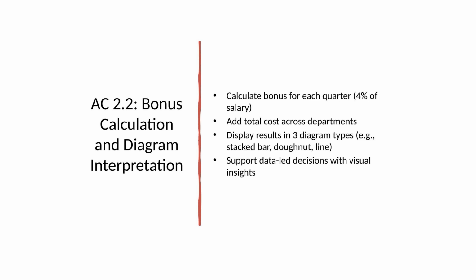These visuals clarify where performance and cost align. Recommend whether bonuses are achieving their objective, e.g., performance improvement, and whether strategy changes are needed. Link to cost effectiveness and reward strategy. Ensure calculations are transparent and well labeled to support evidence-based decisions.